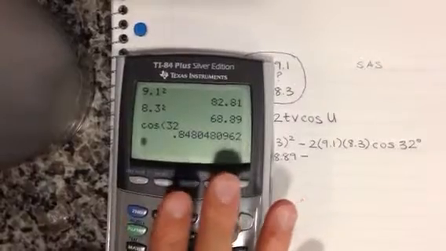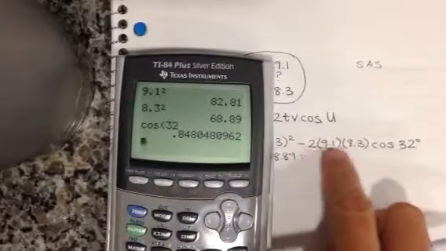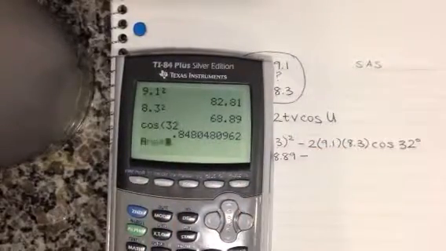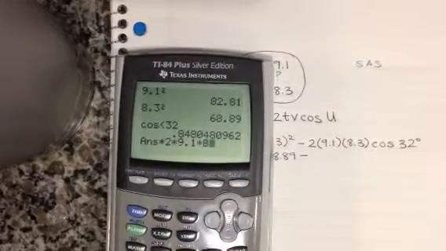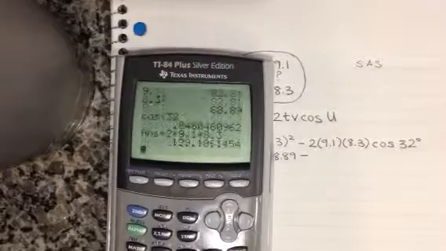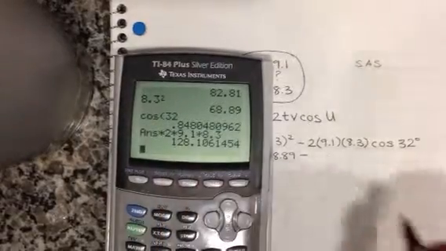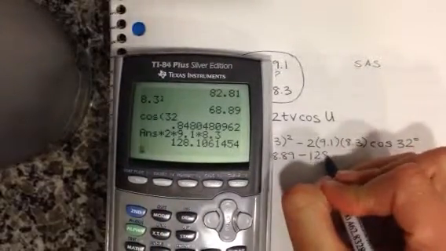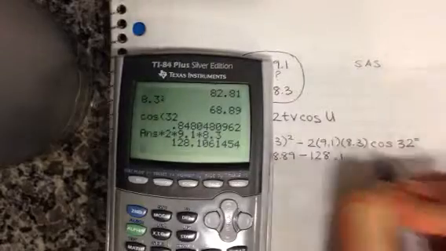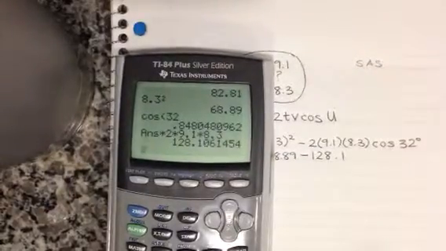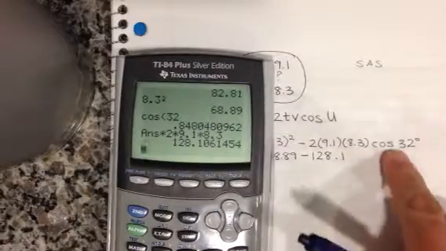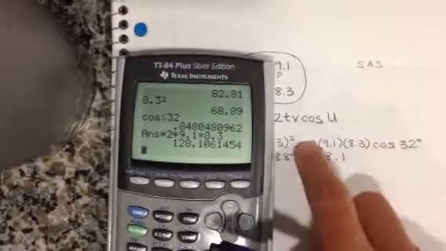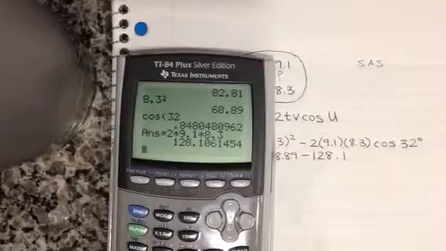Keep that in your calculator and now multiply these three other numbers by it: times 2 times 9.1 times 8.3 equals, and you should get 128.1. So this whole thing is a number. You want to do your trig function first and then multiply these three numbers by it.